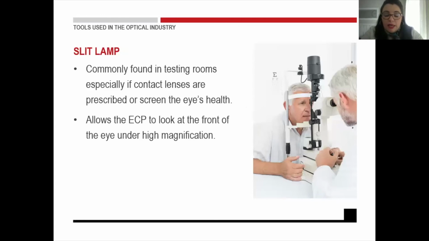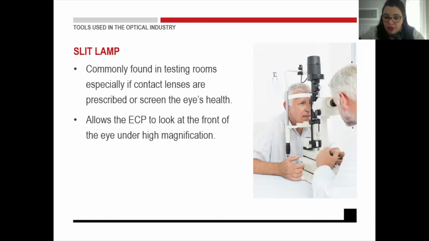Okay, the next piece of equipment is called a slit lamp. Now, a slit lamp is basically a microscope. So we are using this equipment to enlarge images so that we can see up to a cellular level and see what is going on in a patient's eyes. We use this equipment to diagnose certain eye diseases.